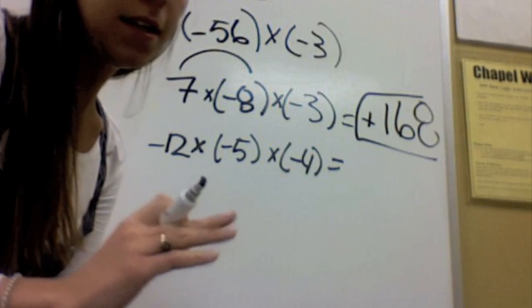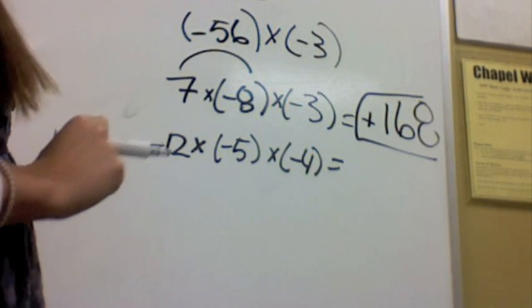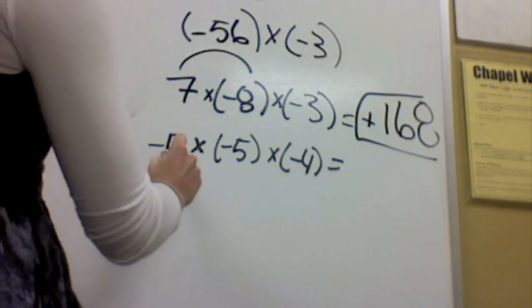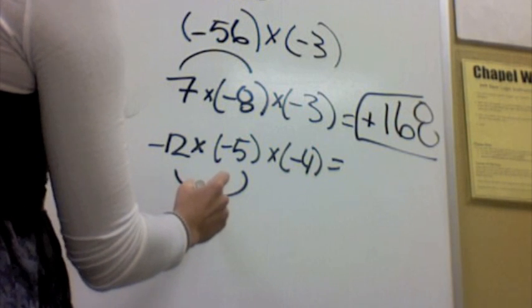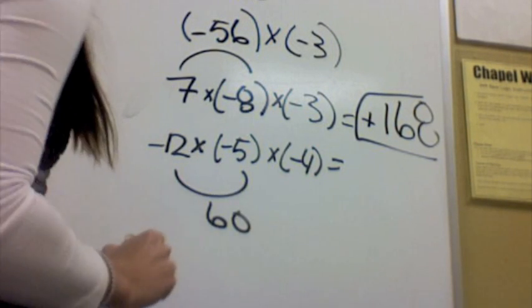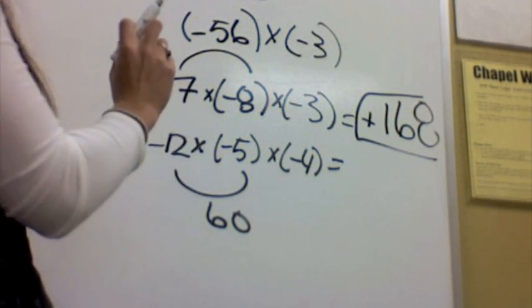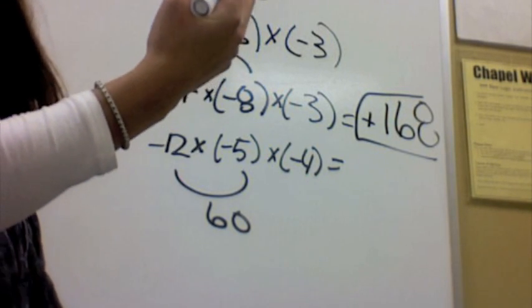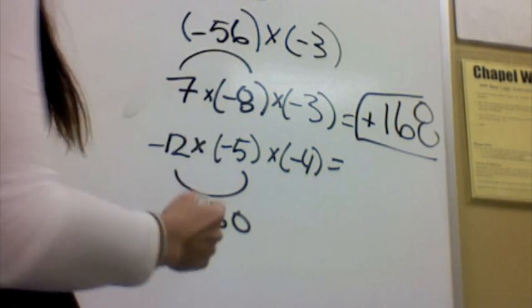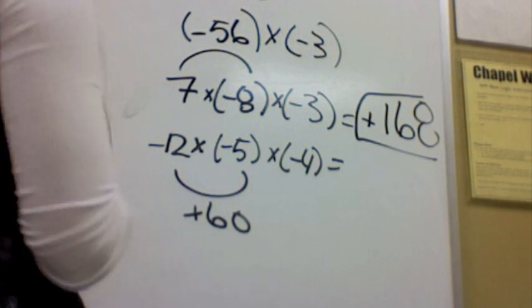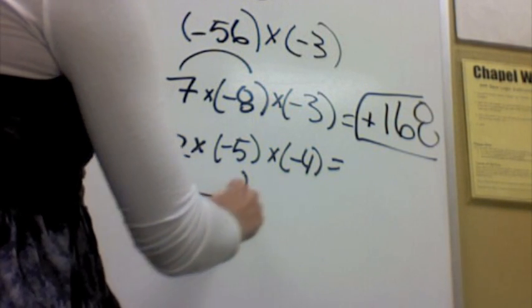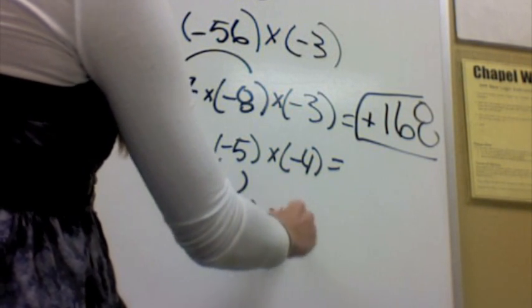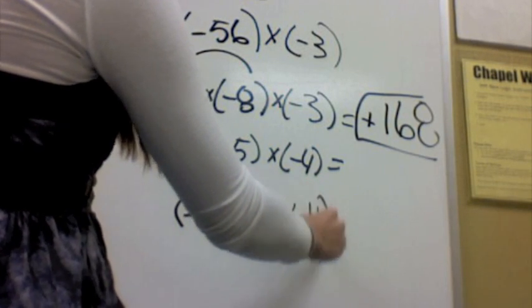I'm going to move on to the next one. So let's take this one in parts again. I know that 12 times 5 is 60. And I know when you multiply a negative number by a negative number, our answer is going to be positive. So that is a positive 60. Now let's take that and multiply it by -4.